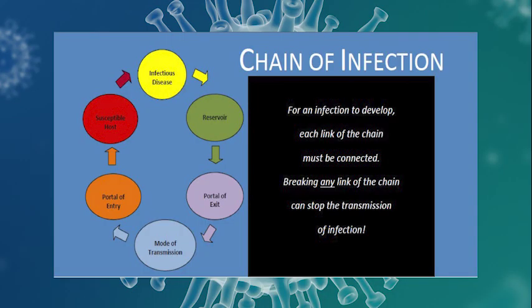So those are the links in our chain: infectious agent, a reservoir, portal of exit, mode of transmission, portal of entry, susceptible host. And once all of these links are able to come together, that is when disease occurs. So the object of infection prevention and control is to break that link at any point. Maybe it's to get rid of the infectious agent.